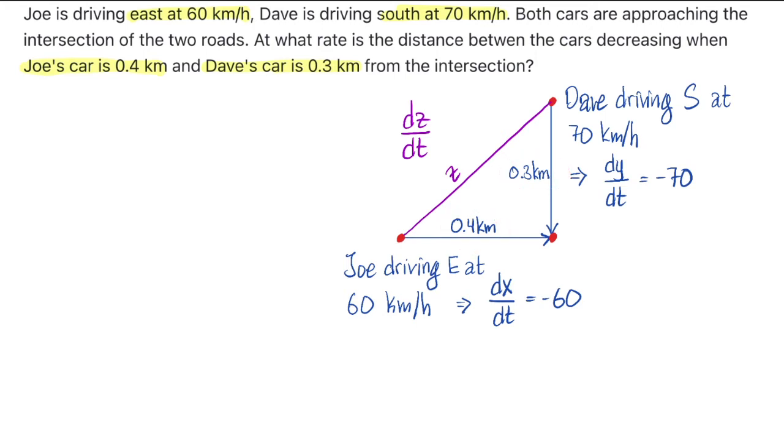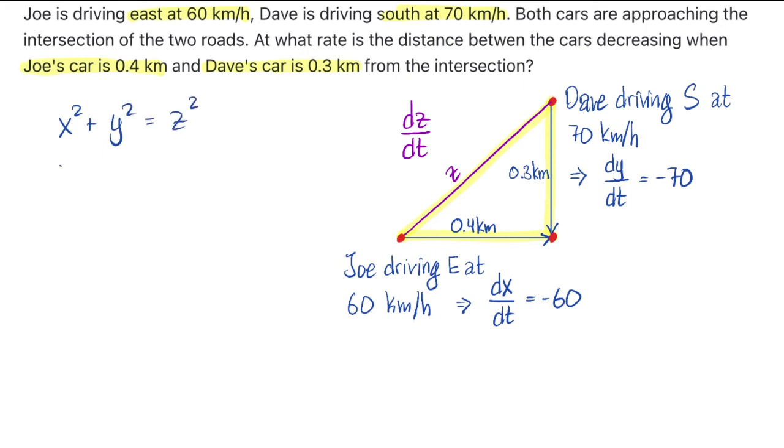So we can now see that we have a right angle triangle. And anytime we see a right triangle, we should think Pythagorean theorem. We can express the relation between the sides using the Pythagorean theorem, and it will also allow us to determine what z is. How far apart are they actually at this point? So we have x squared plus y squared equals z squared.